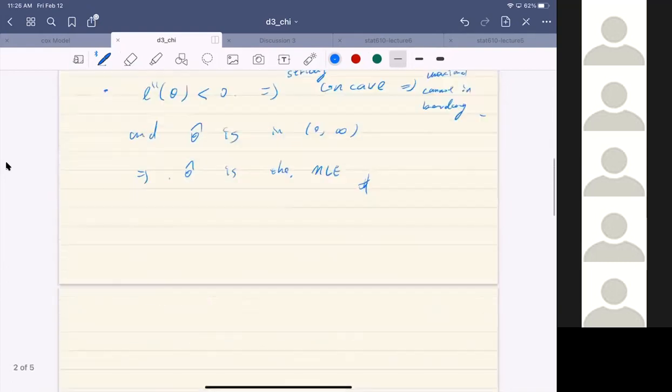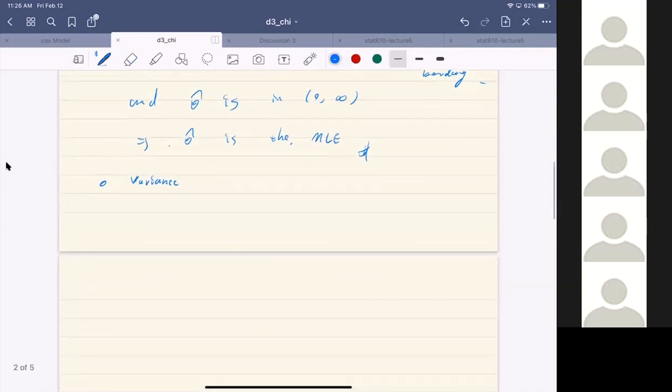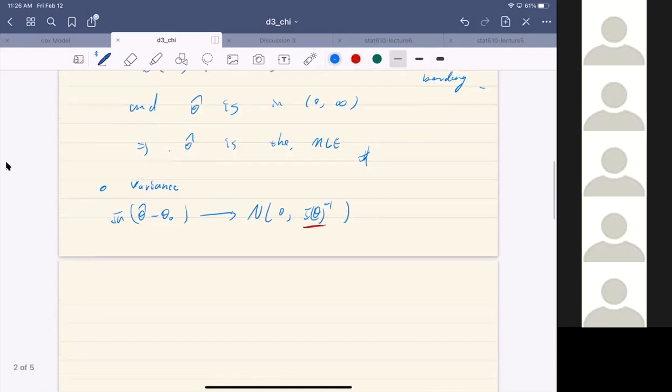Okay, and the next is the variance. This theory we haven't learned, but I think you know that in the 310 course or something, this can be approximated by the normal distribution with the inverse of I theta, the inverse Fisher information.